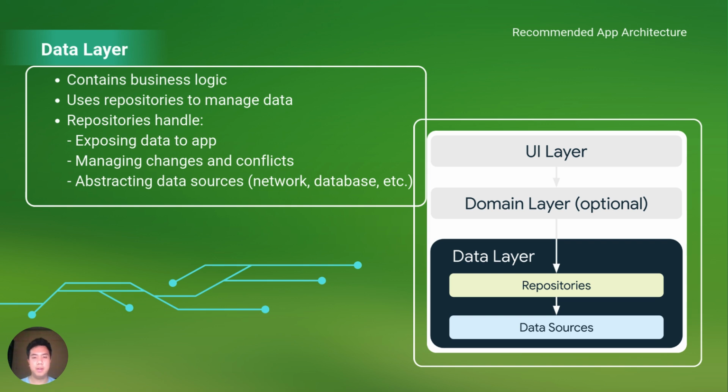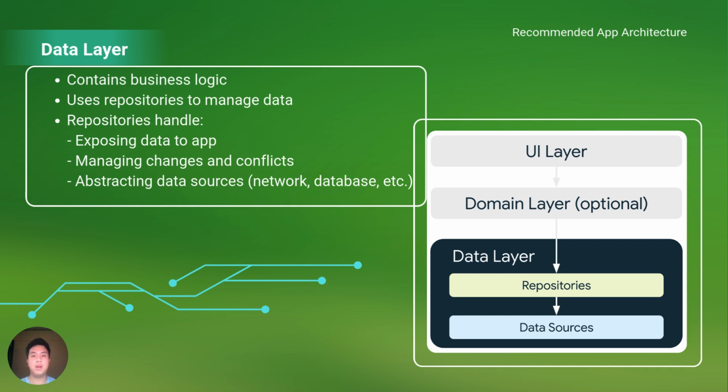Second component, data layer. The data layer of an app contains the business logic. The business logic is what gives value to your app. It's made of rules that determine how your app creates, stores, and changes data. The data layer is made of repositories that each can contain zero to many data sources.